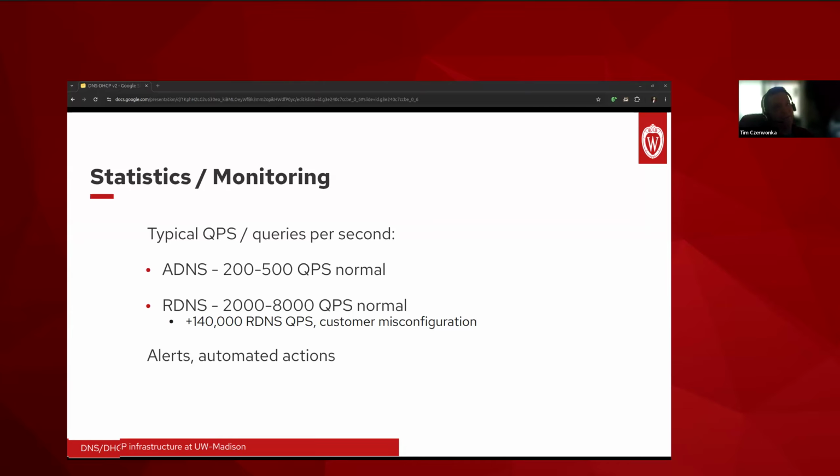In addition to that level of monitoring, the recursive servers also do their own internal testing. If a recursive server cannot query itself, or the query takes too long on average over a certain amount of time, that server will pull its own route and restart the services, and in the process send a ton of alerts, because this is not normal, to the NOC and also to some of us in network services.